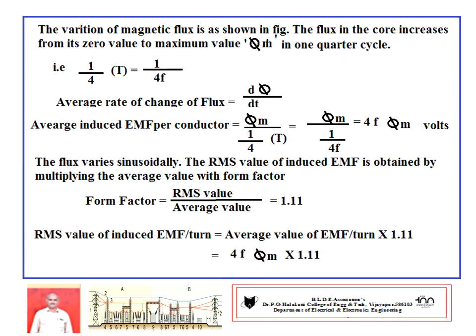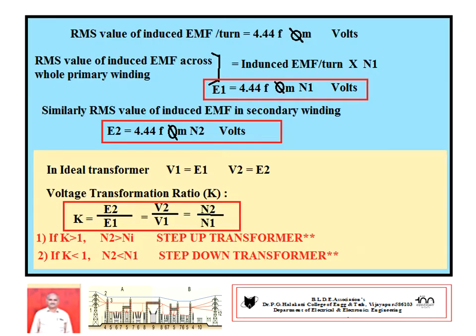Hence the RMS value of induced EMF per turn equals average value of EMF into form factor, that is 1.11. So it becomes 4.44 f phi m volts.